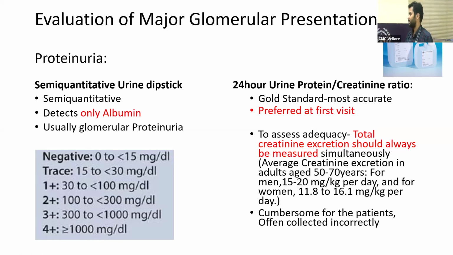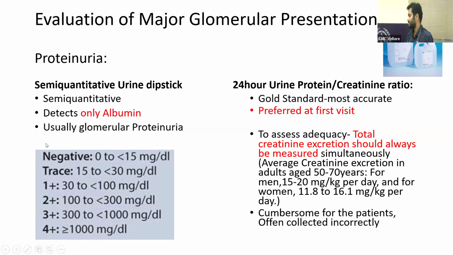Before analyzing a urine dipstick test, you have to see whether the urine has an appropriate specific gravity. Sometimes if the urine is over diluted, you may not pick up the proteinuria. Or if the urine is very concentrated, even without proteinuria the patient may show 1 plus or 2 plus positive. So you have to check the specific gravity first, whether it is within the normal range. Then you analyze the protein status. Negative means less than 15 milligram per deciliter, and 15 to 30 is trace positive.